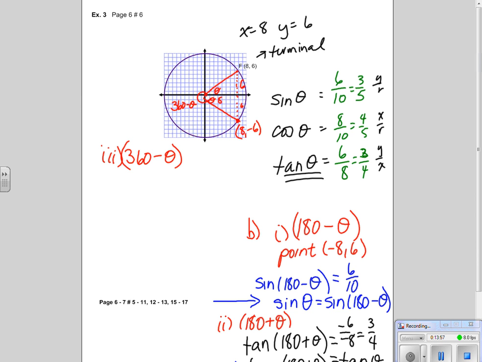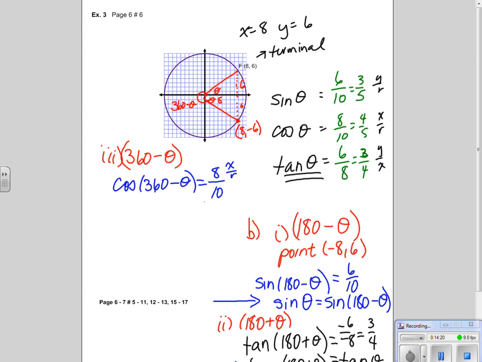For 360 minus theta, notice that cos of 360 minus theta, that angle of rotation, which is x over r, equals 8 over 10.